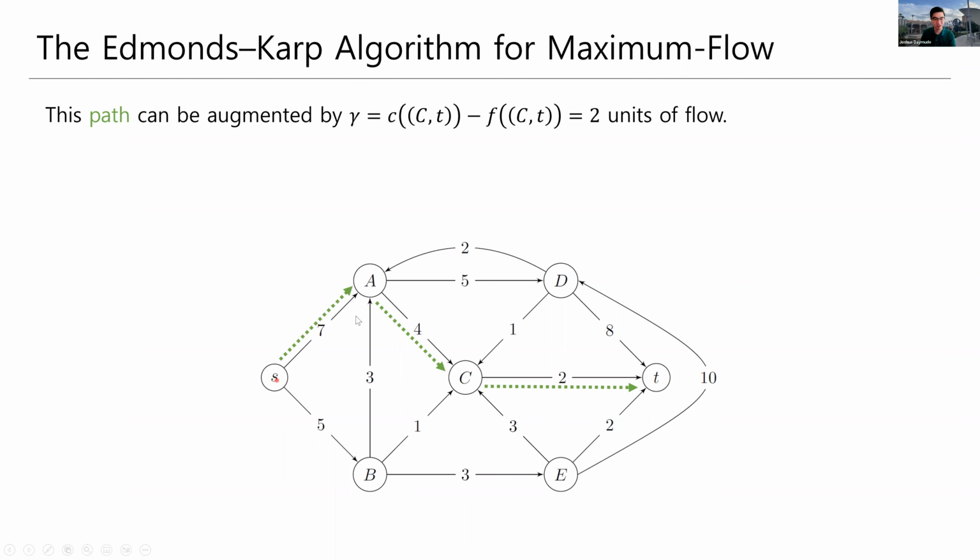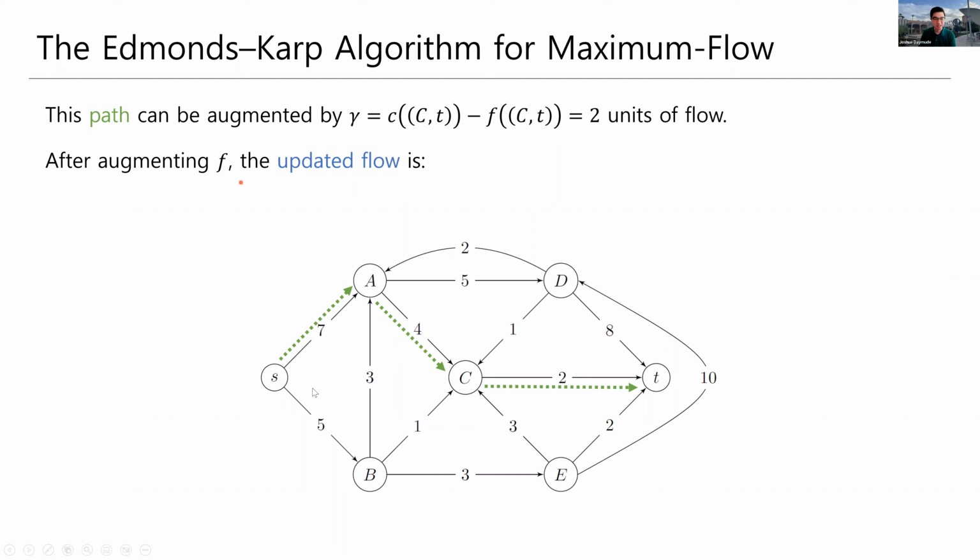We could get 7 flow from S to A, but then we have nowhere to put it because the subsequent edges can hold less. So what we're trying to do is push as much as possible while still getting it through. And of course, here the bottleneck is 2, right? 7 can hold 2, 4 can hold 2, and 2 will be fully saturated by 2.